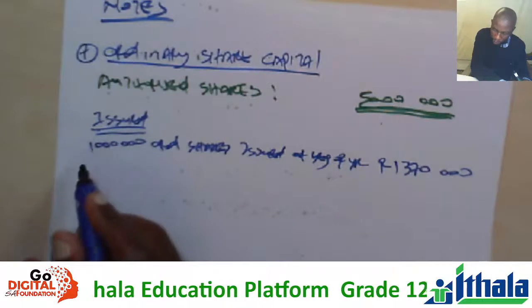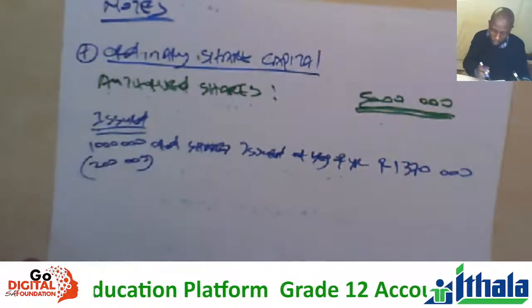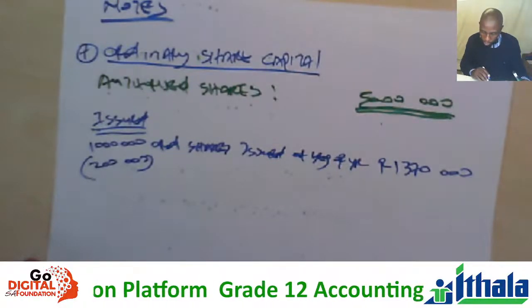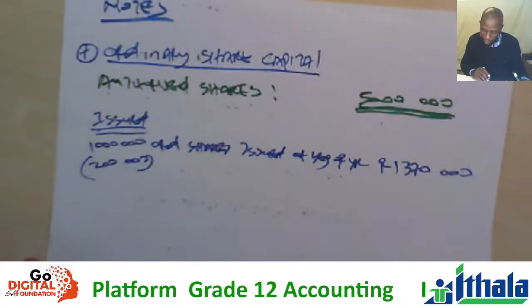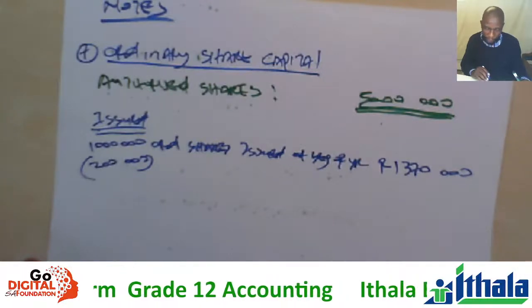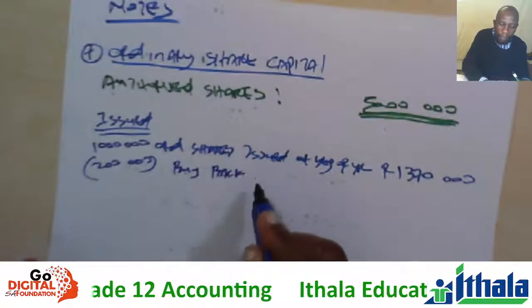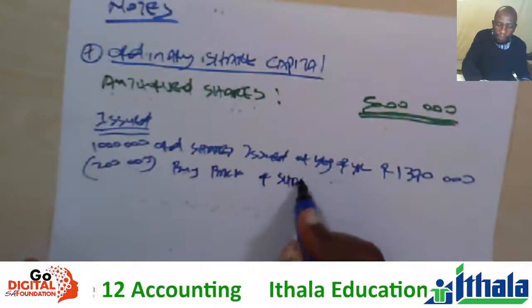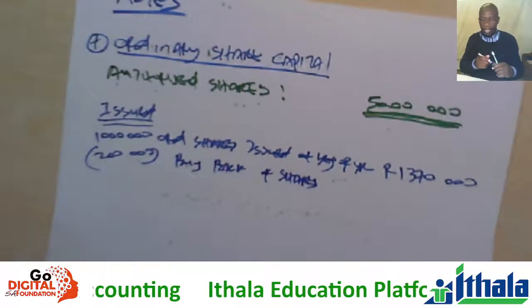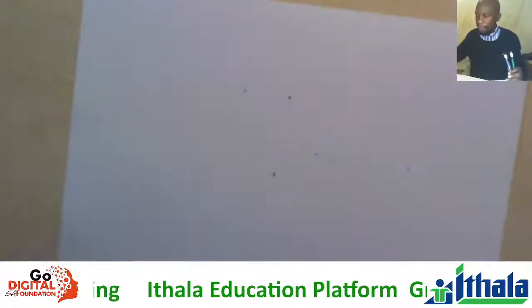There were 2 million shares bought back. 200 shares were bought back at 9 rand purchase price. So that is a buyback of shares.